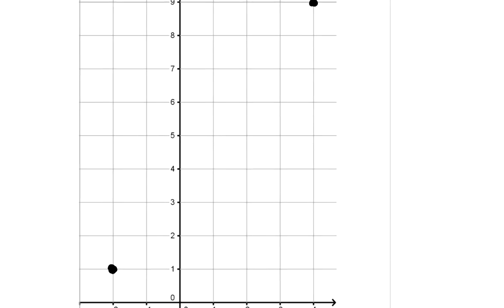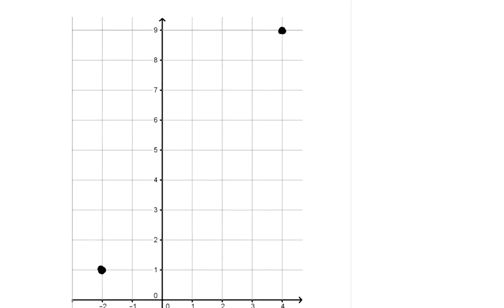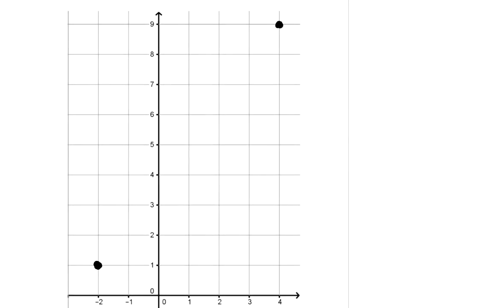So these are the 2 points. Let's just think about these for a while. We're looking at these 2 points. One of the things we can look at is I certainly can make a slope triangle for them. If I'm here, I can go up so many units and then over so many units.